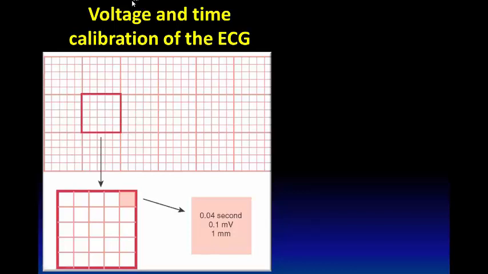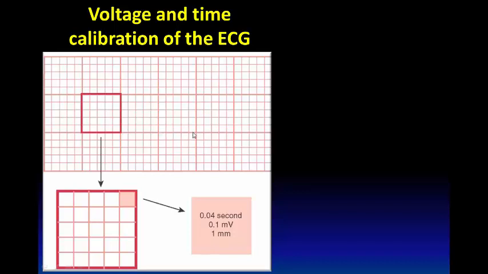And before describing this, it is very important to describe the voltage and time calibration of the ECG. This is the ECG paper or the ECG display, which we see on the monitor or the computer, and it is divided into small squares and large squares.